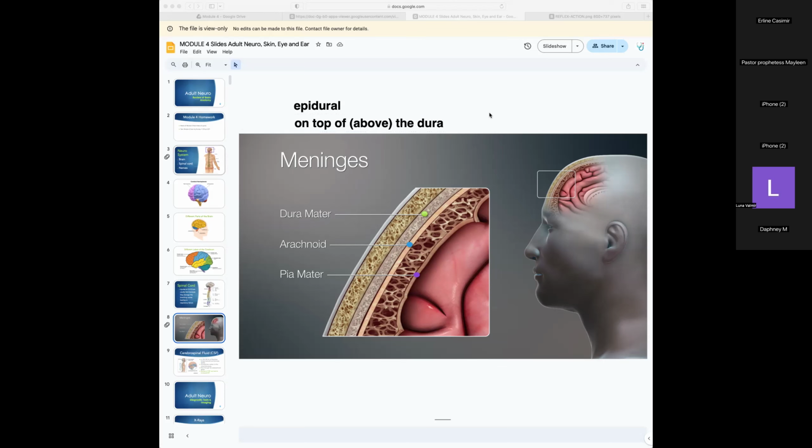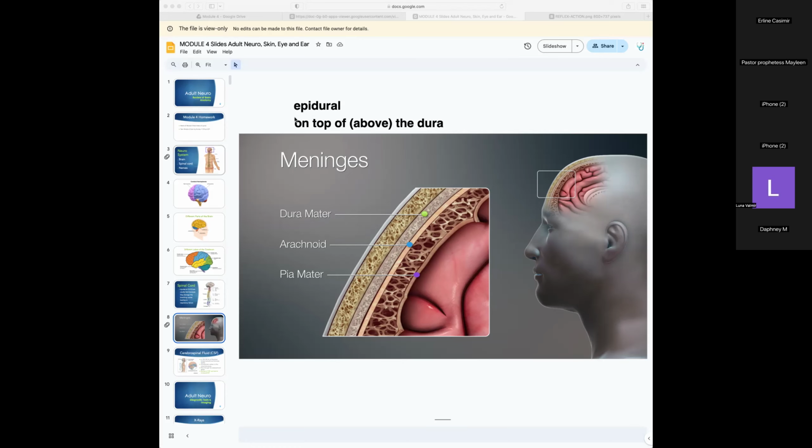When you see the word epidural, epi means on top of or above. So when a patient receives an epidural, that medication is on top of the dura mater. It's not underneath it. The needle they're using to insert into the spinal canal is on top of the dura mater.